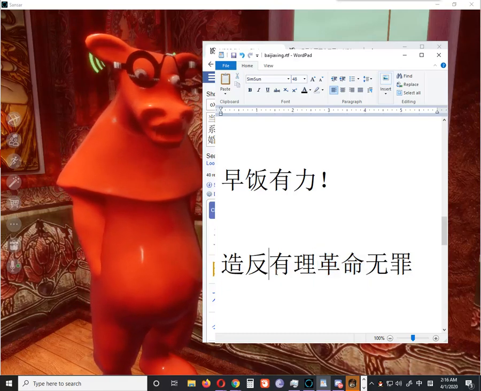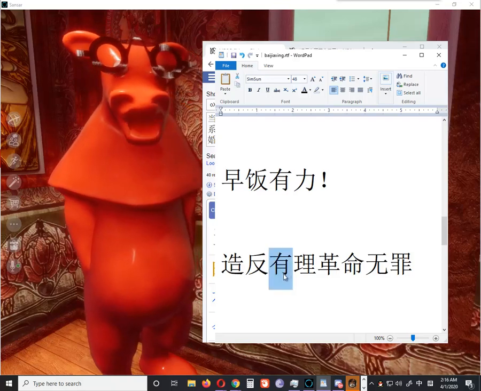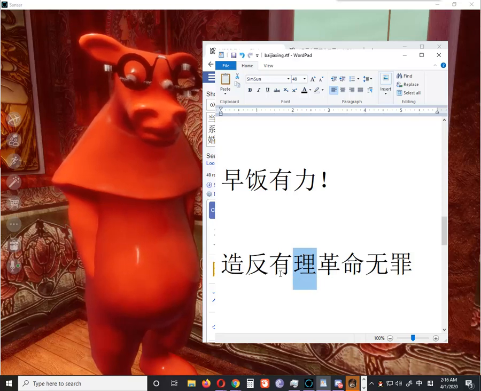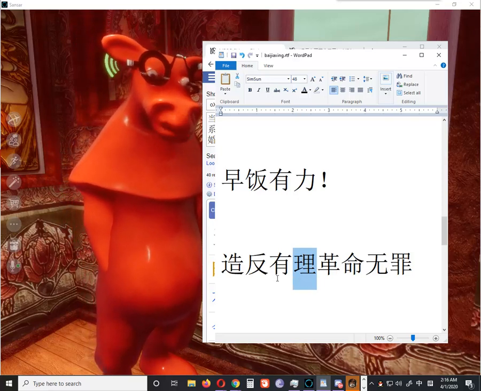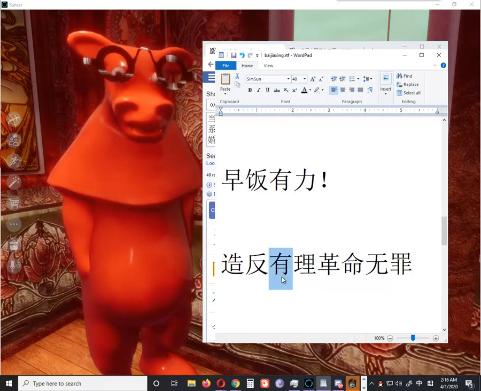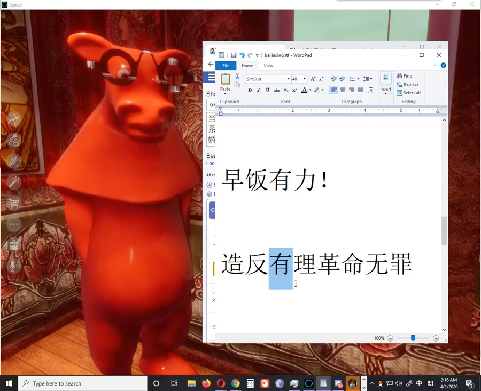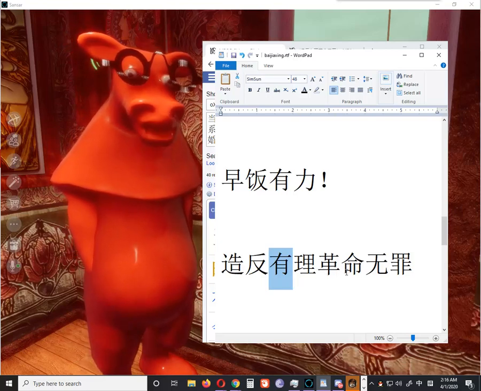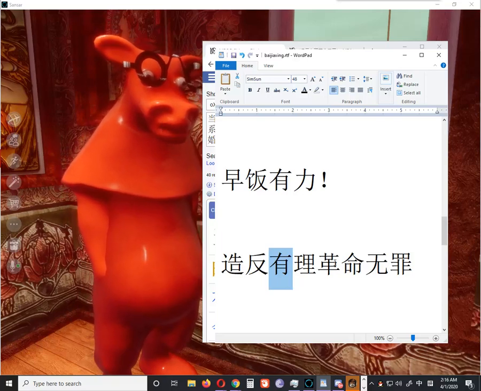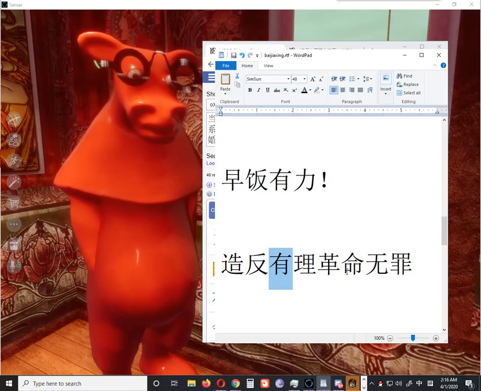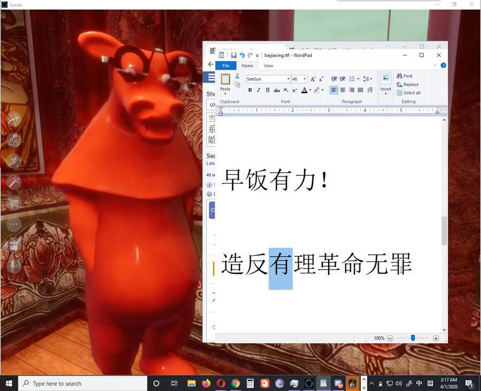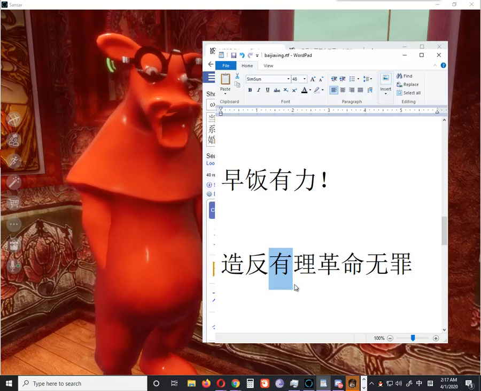Now, the same here: 有 is the third tone, but it comes in front of 理, so it should be pronounced the same way as 你好. It should be a third tone changed to a second tone. 有理. And then 革命. 革 is the second tone, rising tone. 命 is a fourth tone. And 无 is a rising tone. 罪. Revolution is not a crime.